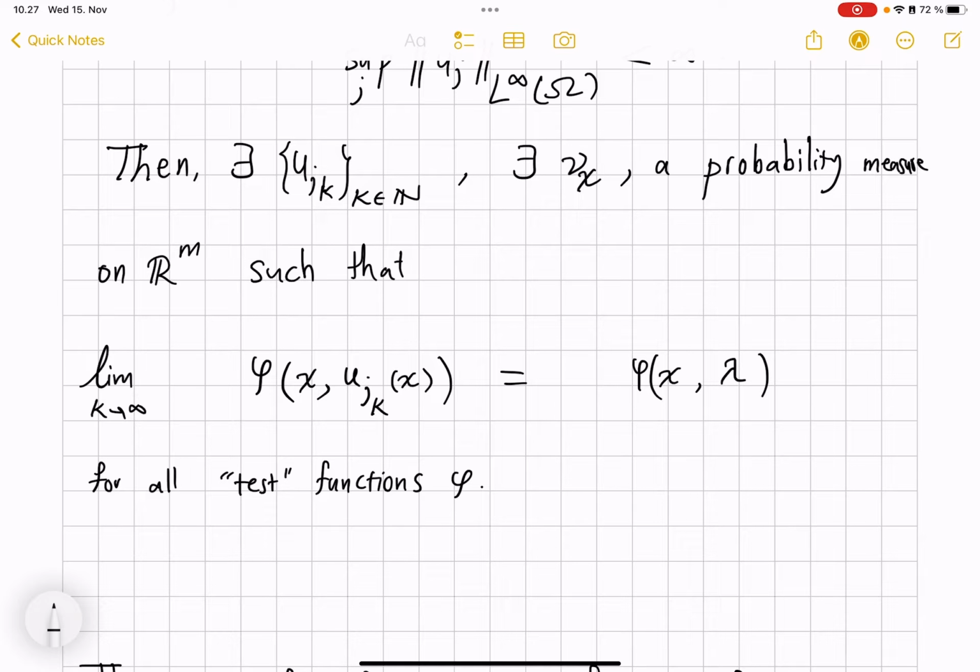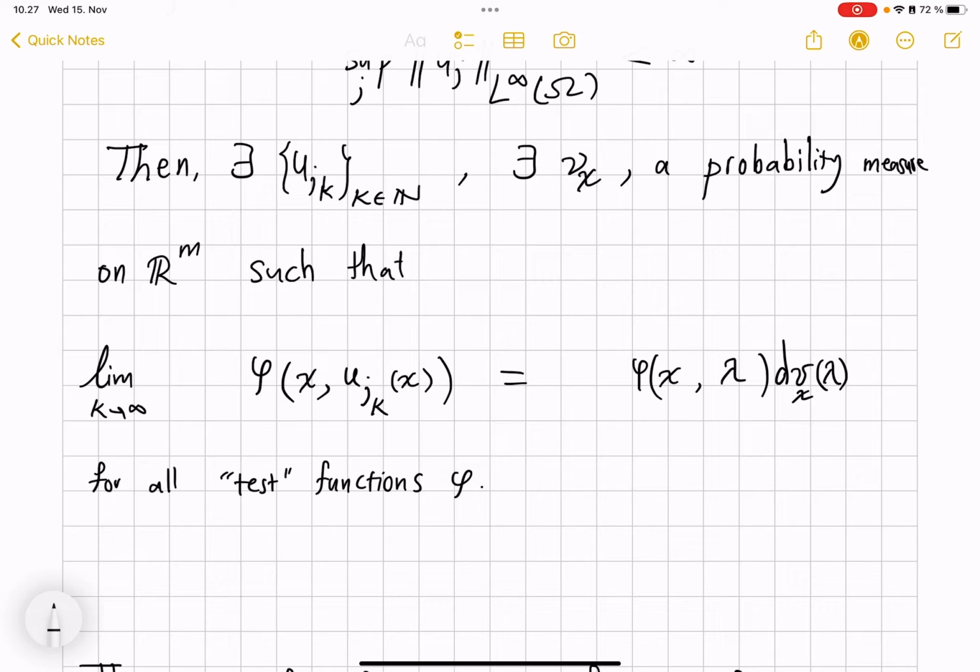If they all visited one lambda, of course, the limit of u_jk would be lambda. So now that they keep jumping around here and there, we average them. And the averaging is against this measure. So remember, x is fixed at this moment. We're looking at k. So we have this probability measure on Rm, and then we integrate against it this quantity.